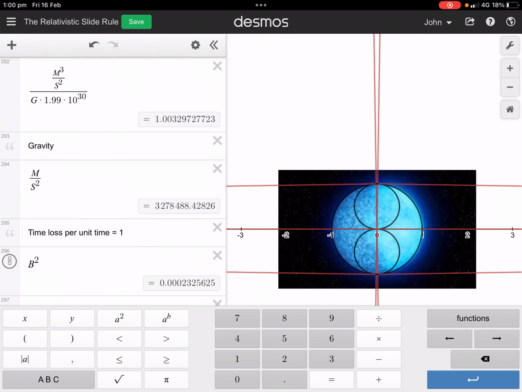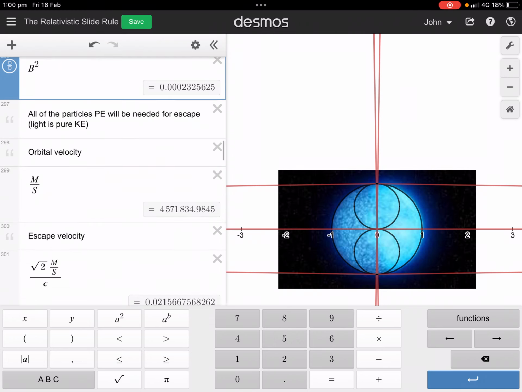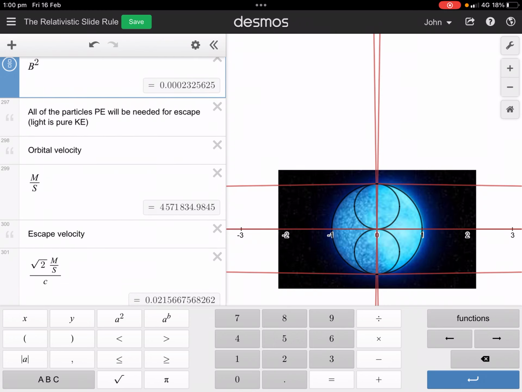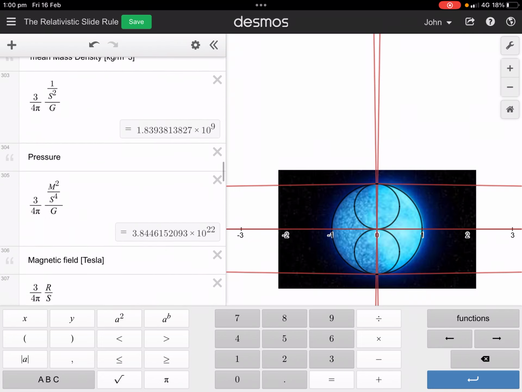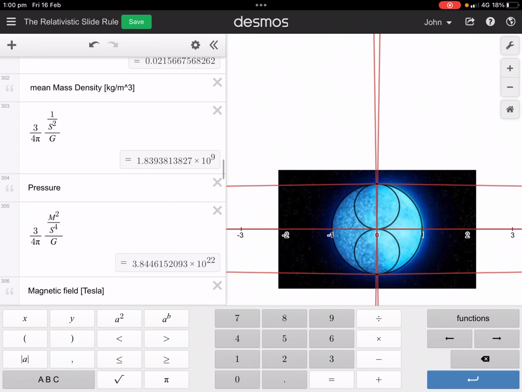Gravity on the surface is going to be huge compared to this Earth or the Sun. 3 million meters per second squared, and so there's going to be quite a lot of time dilation on the surface. That's all I need to know, really. Pressure and density.